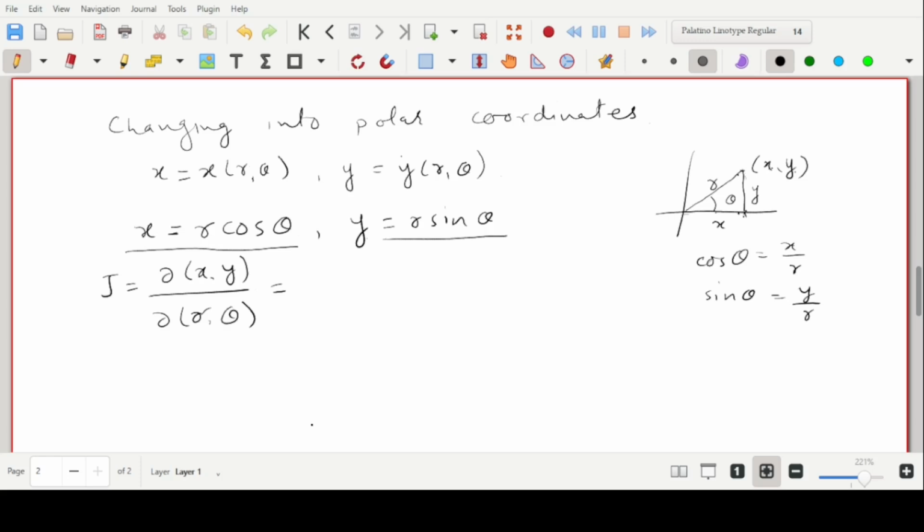Now, what is this determinant of the first partial derivatives: del x over del r, del y over del r, del x over del theta, del y over del theta?